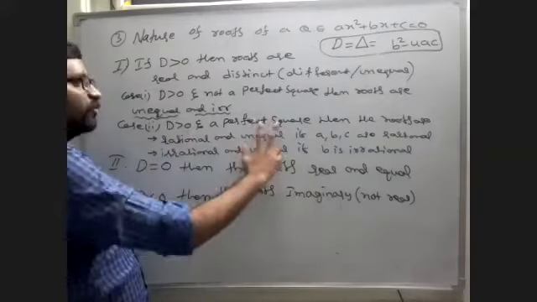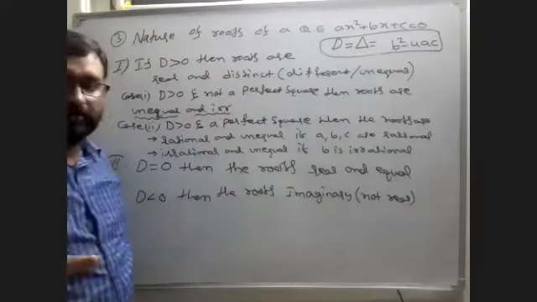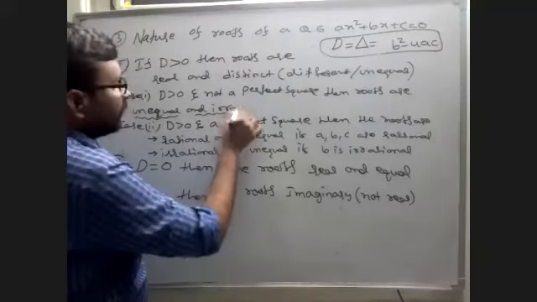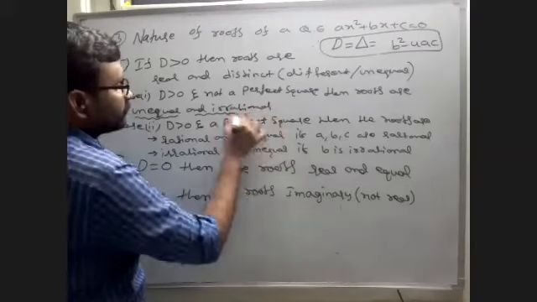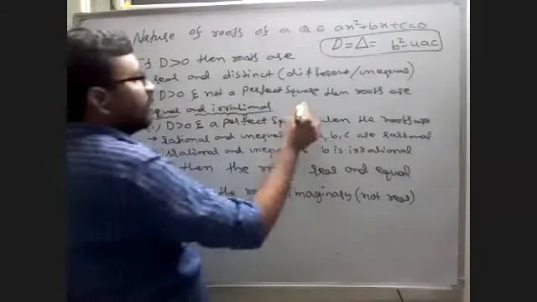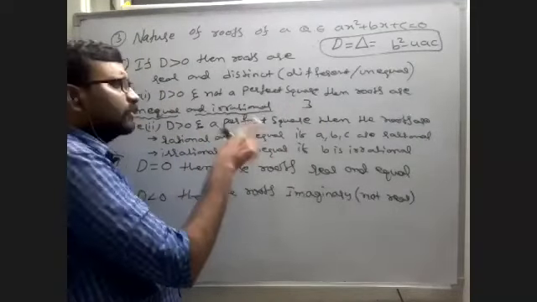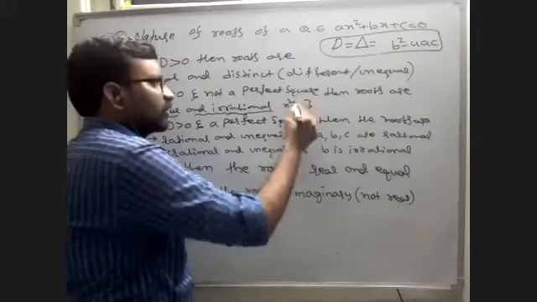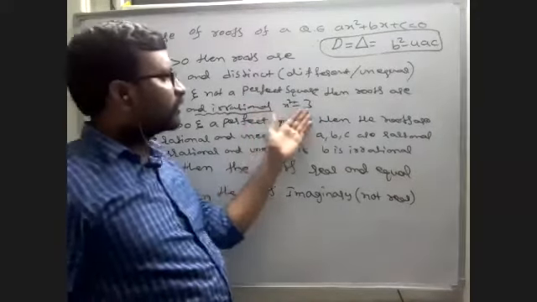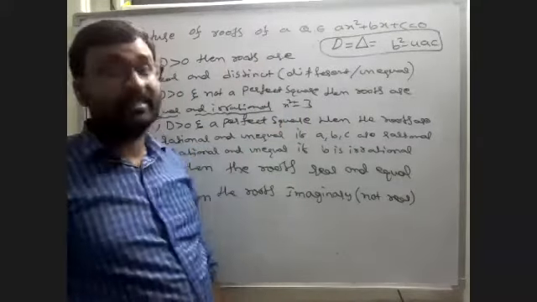Delta greater than 0, perfect square. If delta greater than 0 and not a perfect square, then unequal and irrational. For example, if you get x square equal to 3, taking the root on that side you get root 3, which is irrational.